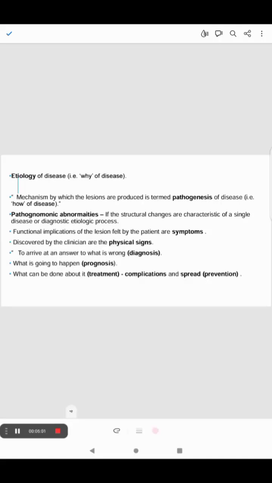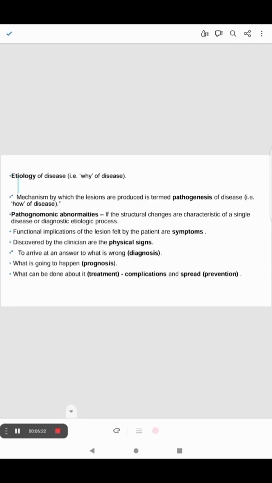Now coming to clinical manifestations. The next terminology which you will come across in pathology is clinical manifestations. Clinical means what the patient will present, what you will see in the patient because of the disease. That includes two things: one is a symptom, another is a sign. What is the difference between a symptom and a sign?